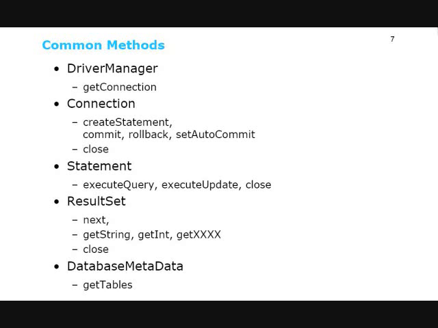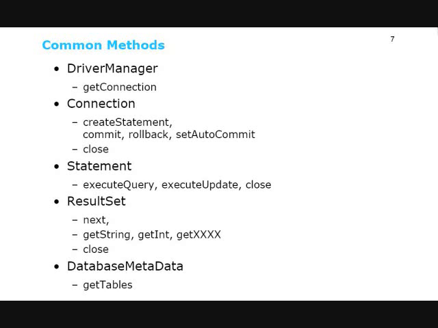Once we have a statement, we can do things like execute query and execute update, which are going to handle different types of SQL statements. Again, for a statement, we want to release the resources allocated to that statement when we finish with it. So we're going to close it. And when we have a result set, which returns from a query, we can navigate through it by using the next, which is going to move us to the next row of the result set.